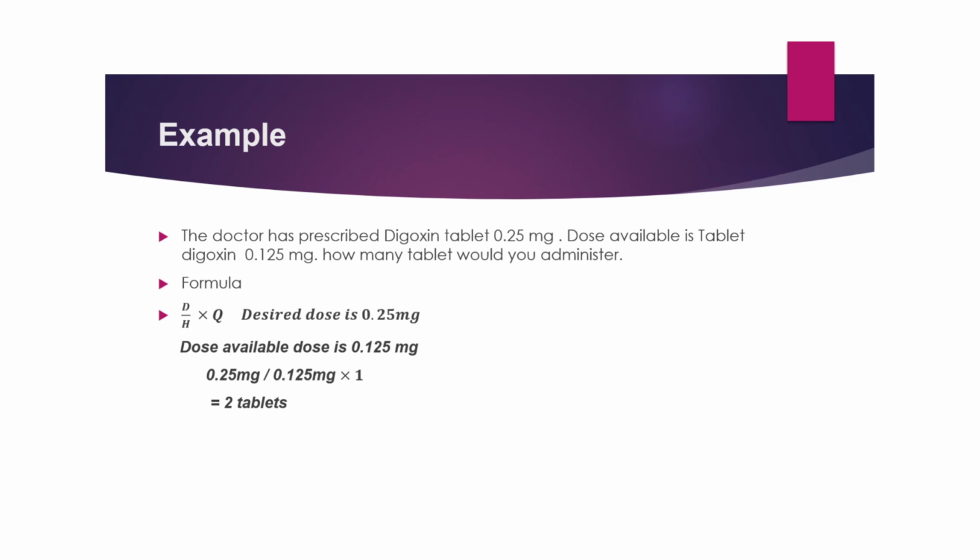So the formula for tablet calculation is D by H into Q. Here the desired dose is 0.25 mg and H, the available dose, is 0.125 mg. So 0.25 mg divided by 0.125 mg into 1 is equal to 2 tablets. So we will administer 2 tablets to the patient.